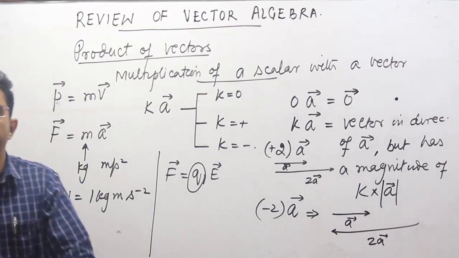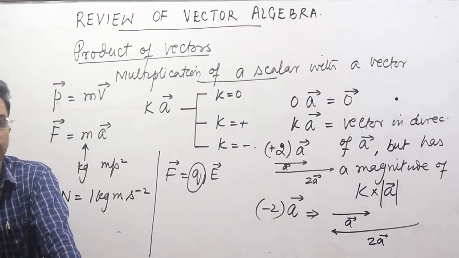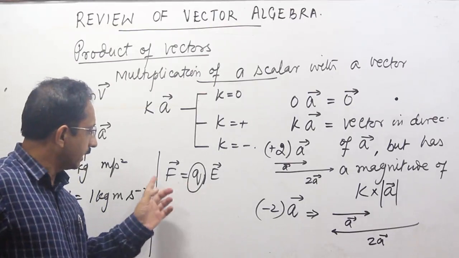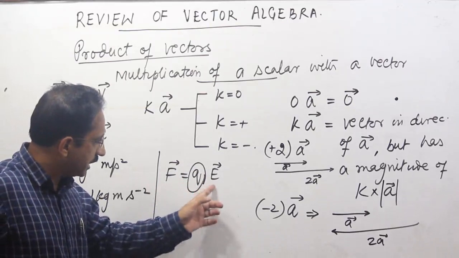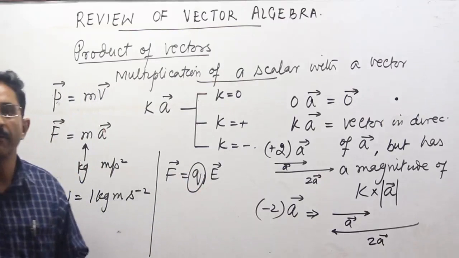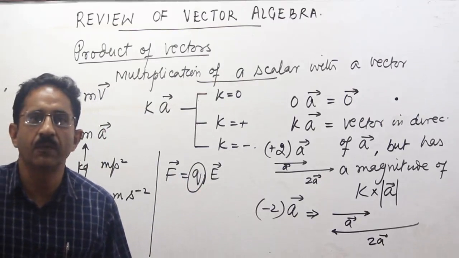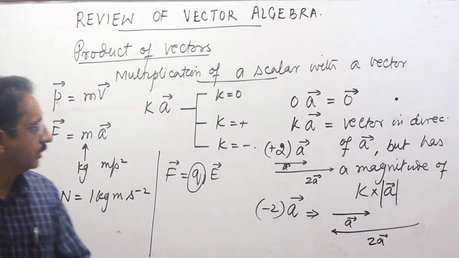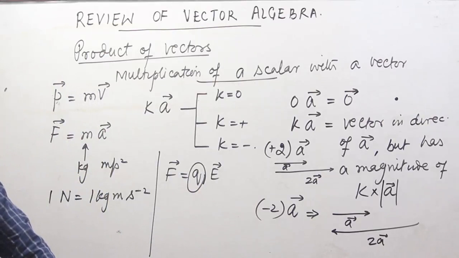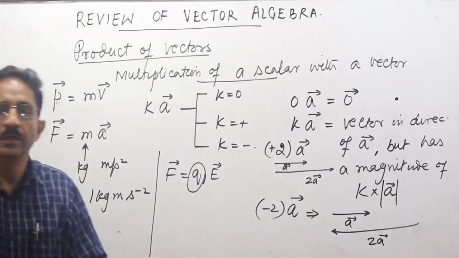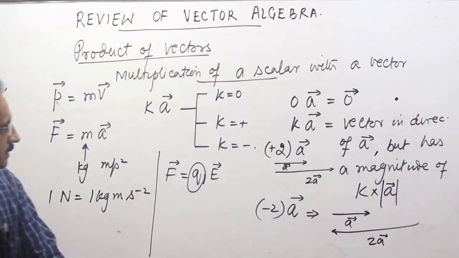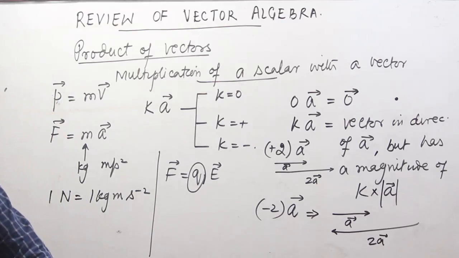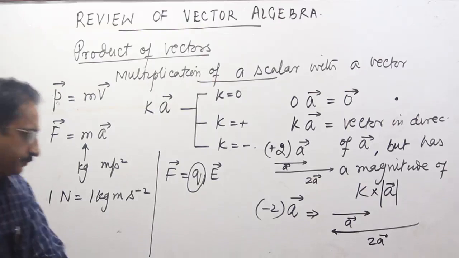Since charge can be either zero, positive, or negative, for a positive charge the direction of electrostatic force will be the same as the direction of the electric field, whereas for a negative charge it will be opposite. So this way the multiplication of a scalar with a vector is understood in its basic essence, and we go to the multiplication of a vector with a vector.